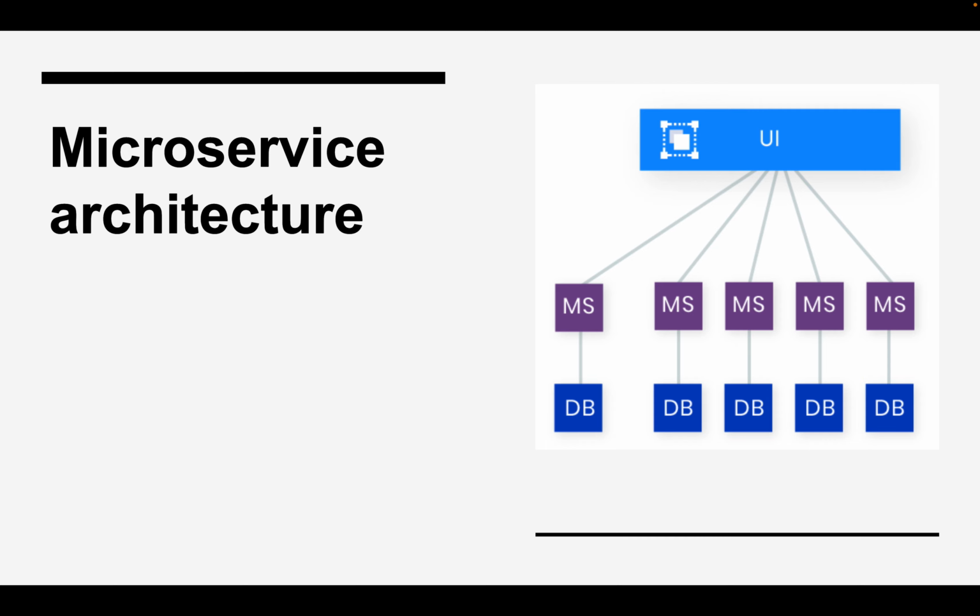So they have pretty much the same layers, but in each service it's contained. Each microservice will have its own database, its own business logic, and so they're pretty much self-contained.